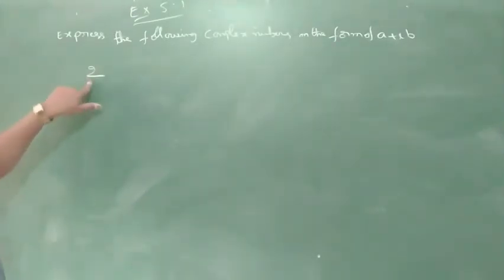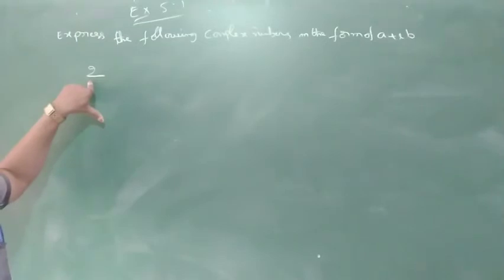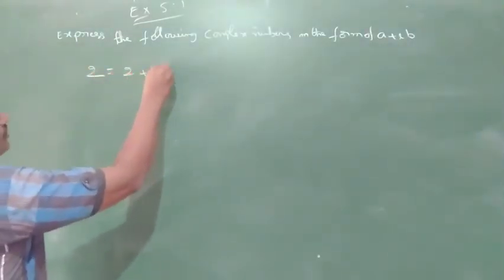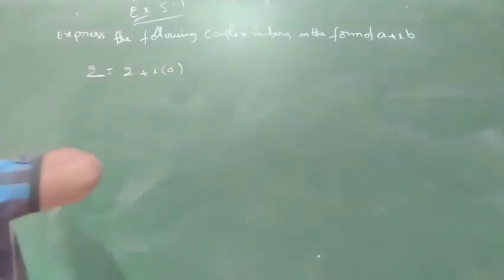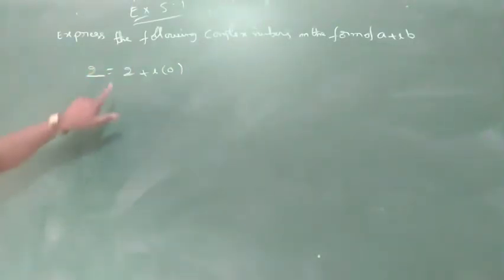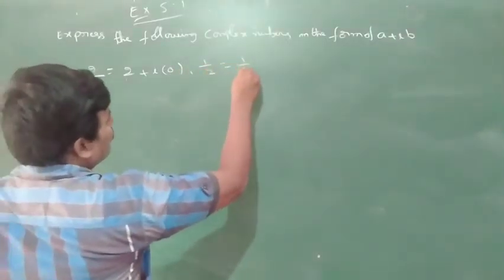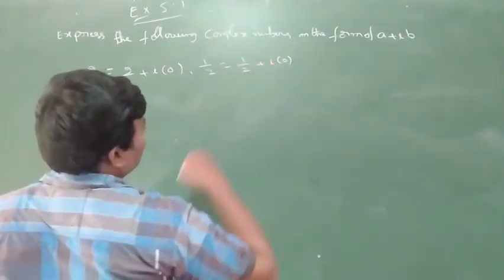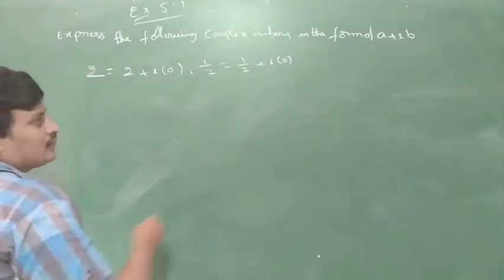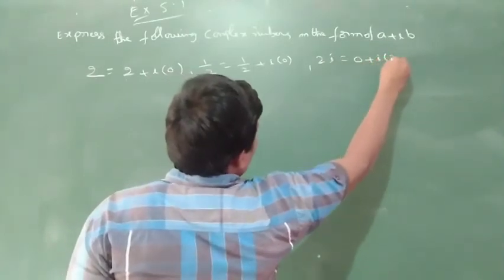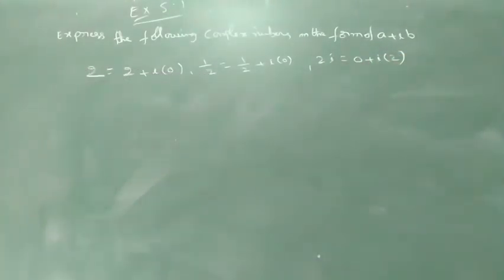So how is 2 a complex number? 2 is equal to 2 plus i into 0. 0 is a real number, 2 is a real number, so this is the form a plus ib, where a is equal to 2, b is equal to 0. For example, 1 by 2 is equal to 1 by 2 plus i into 0. And 2i is equal to 0 plus i into 2. Any number is a complex number.